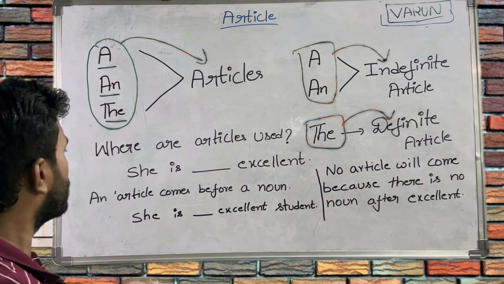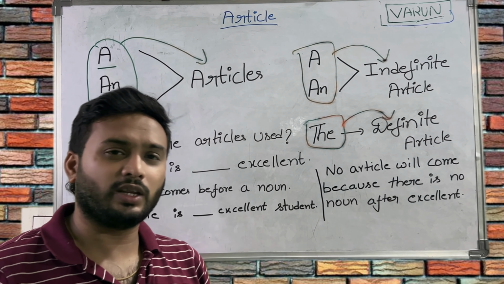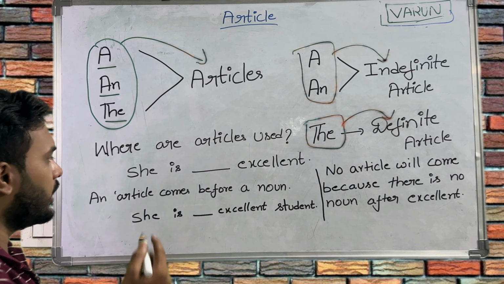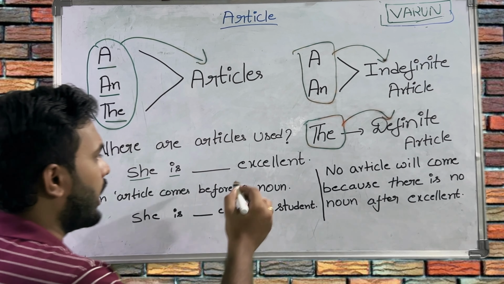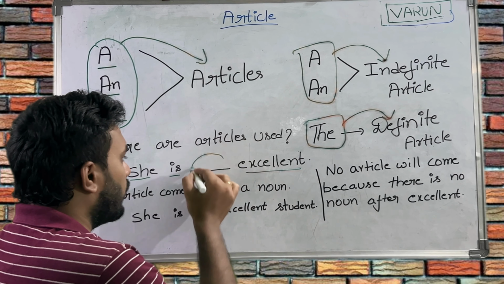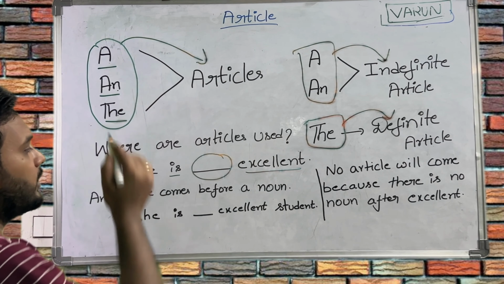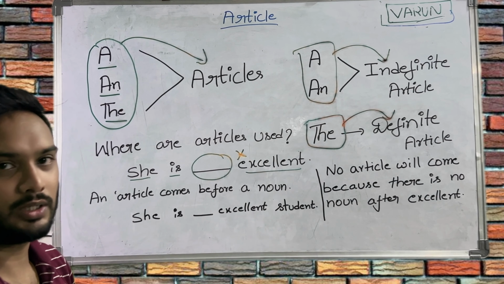Everyone has a doubt: what are these articles and where are they used? Let us have some discussion. Here you can see one example: C is excellent. Which article will come here, a, an, or the? No article will be placed here.